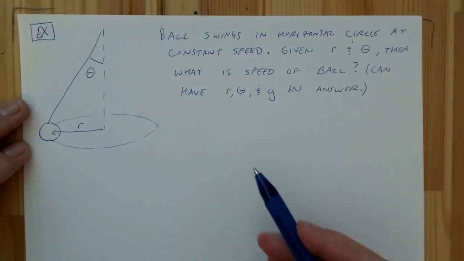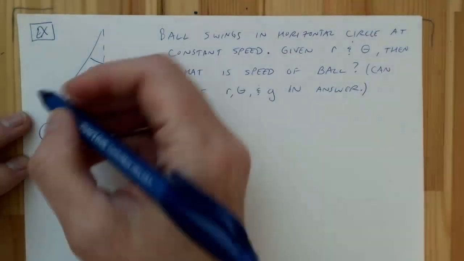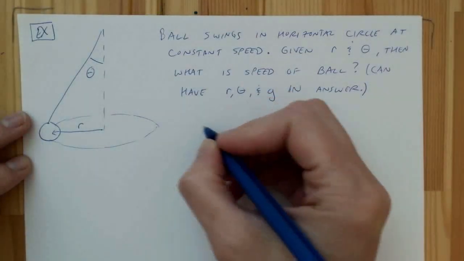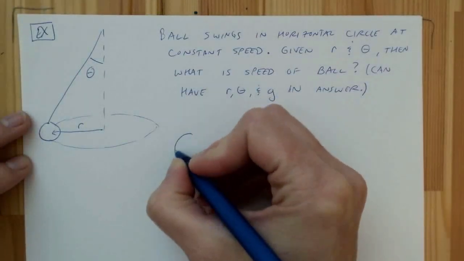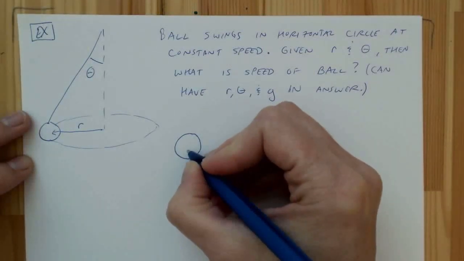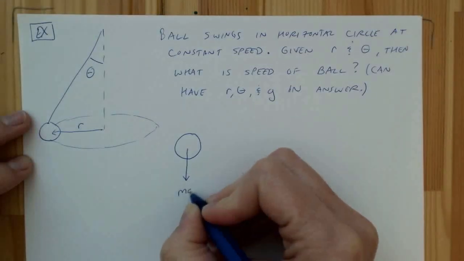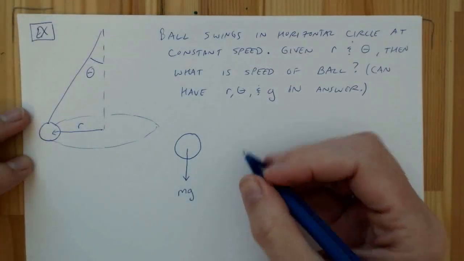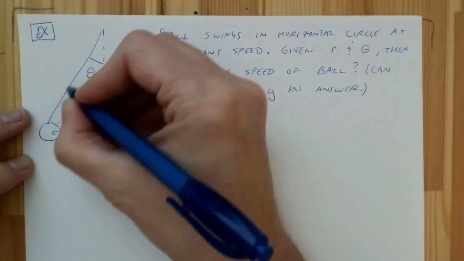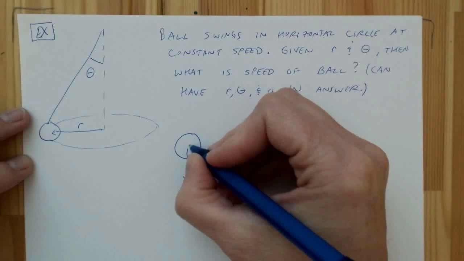Okay, so in this situation, we want to start like we always do, which is to draw our free body diagram. And in this case, we really have two forces acting. We have the weight, which is mg, and then we have the tension in the rope. And the tension is what's causing the centripetal acceleration.